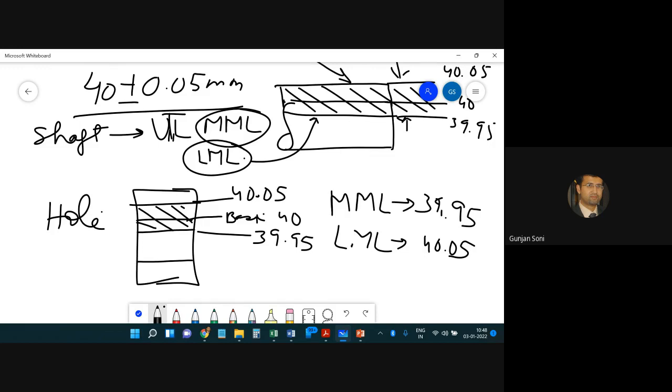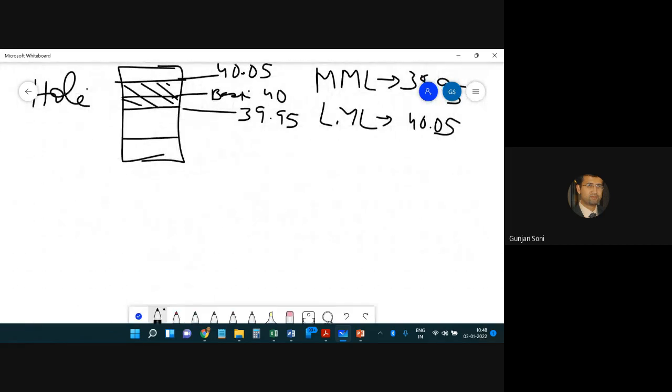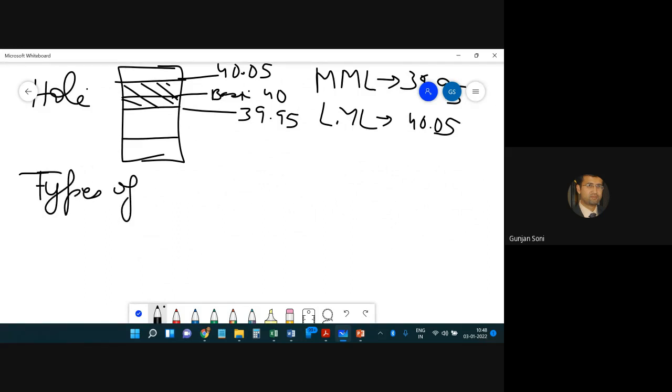So we have three types of fits. I'll just introduce them today, and we will start with them in the next class. The first type of fit is a clearance fit.